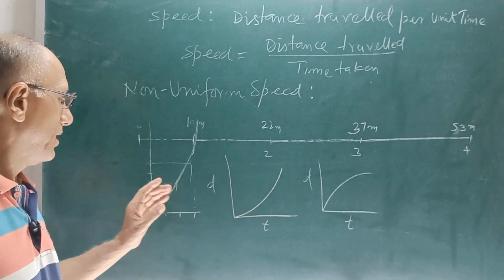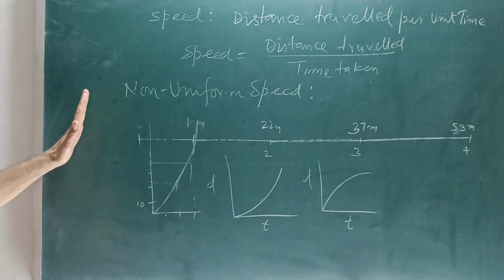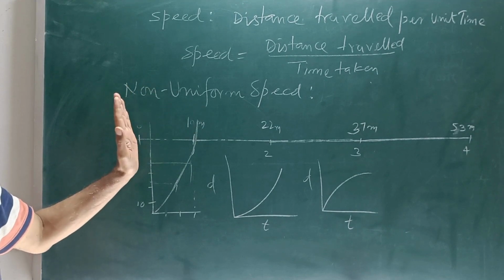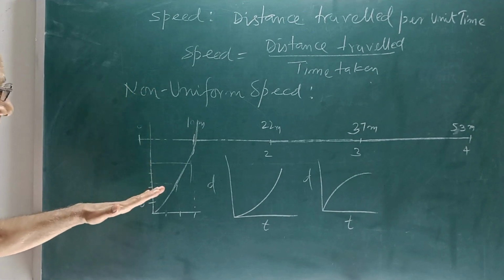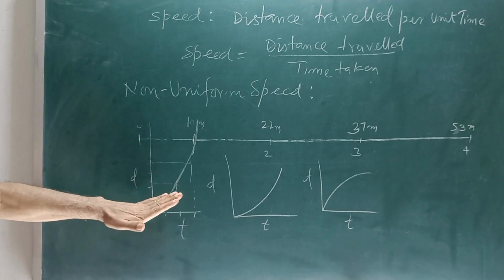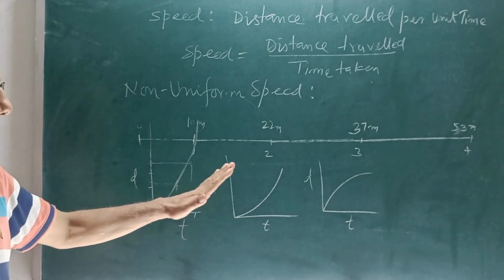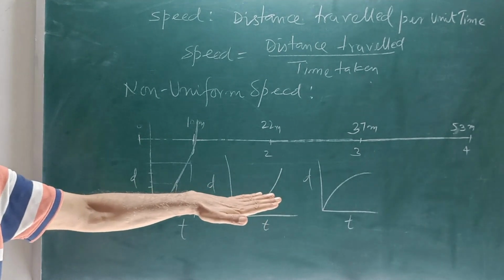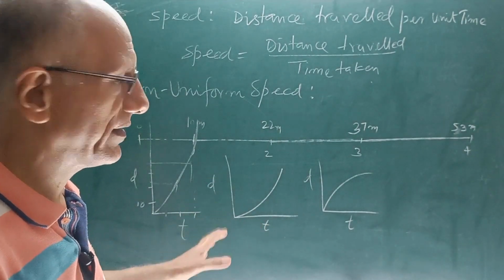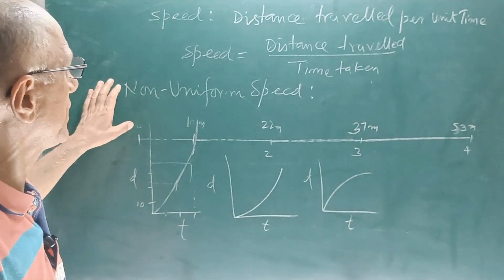Mind it. In case of uniform speed, there is no increase or decrease in speed, but in non-uniform speed, speed may increase or speed may decrease. So I think it's very clear.